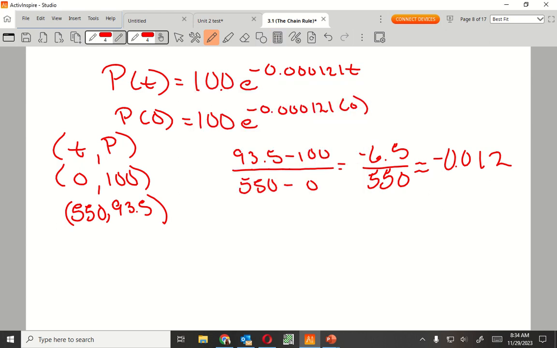And so, if this is a slope, it's a rate of change, isn't it? And so it's a change of what? What are my two things that I'm referencing?